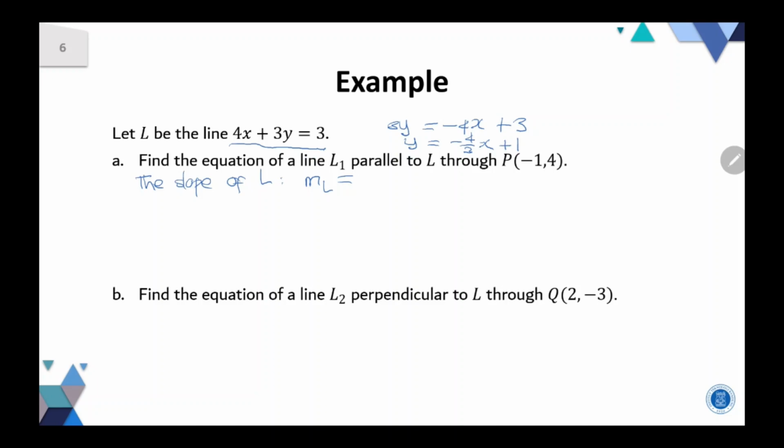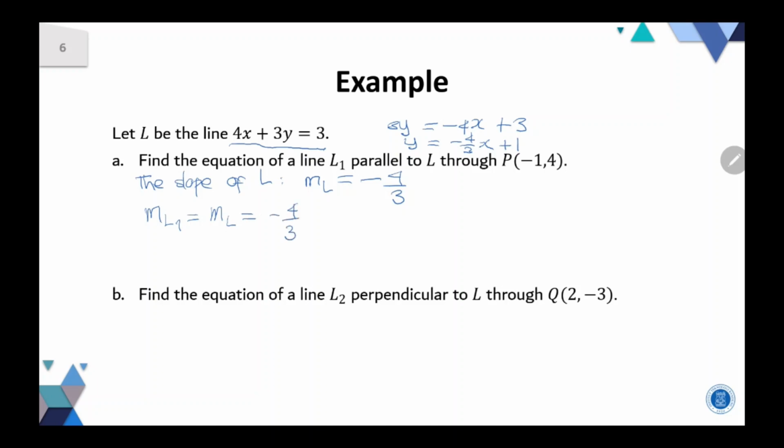In this case, the slope of L is minus 4 over 3. Now because the line L1 is parallel to L, the slope of L1 is equal to the slope of L, which is minus 4 over 3.